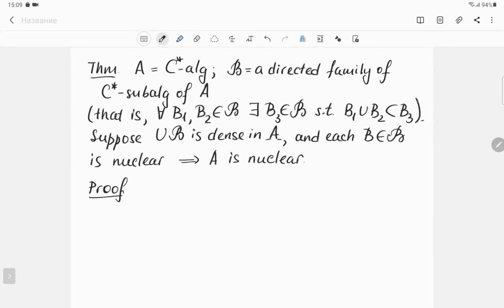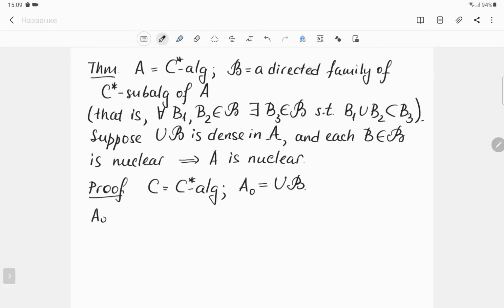Well, to prove the result, we just check the definition. So we take an arbitrary C-star algebra C. And let A0 denote the union of the family B. Well, since this family is directed, it follows that A0 is a star subalgebra, and it is dense.